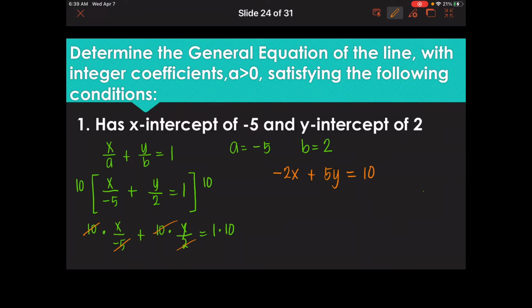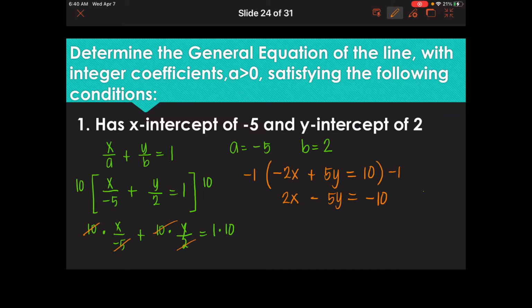Okay, take note that for the general equation of the line, the a should be positive. A is the coefficient of x. Okay, so we multiply the whole thing by -1. So this will become 2x minus 5y is equal to -10.